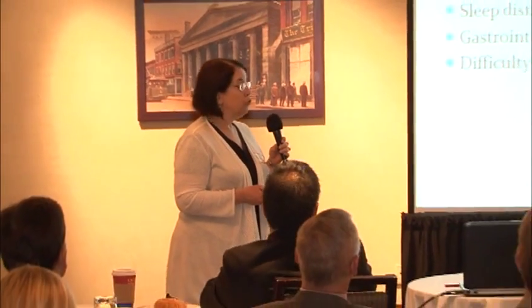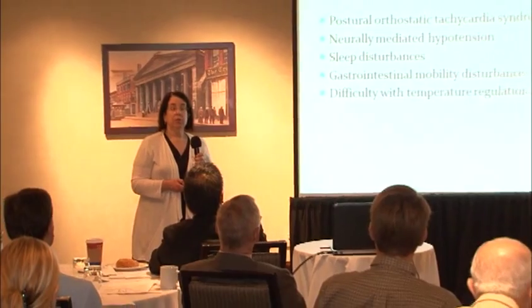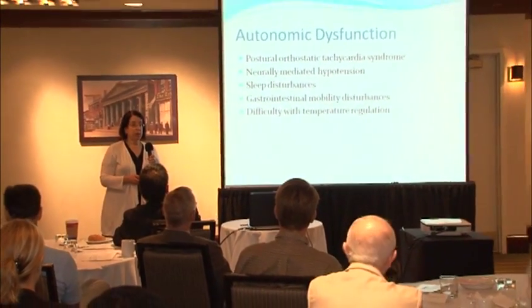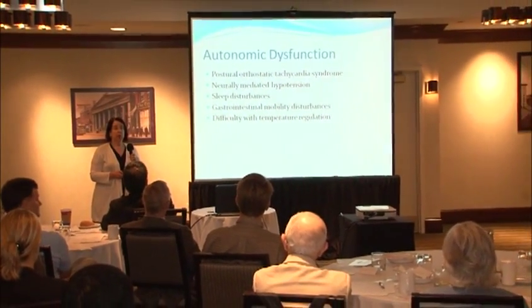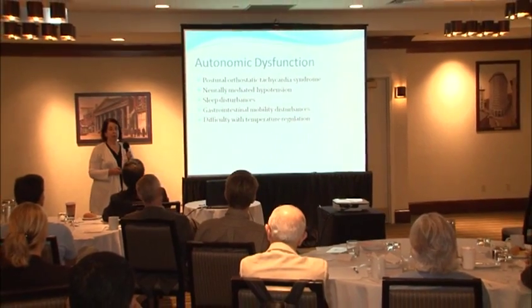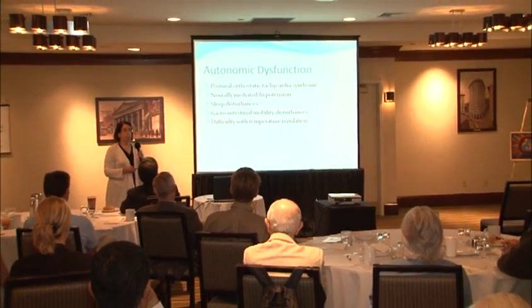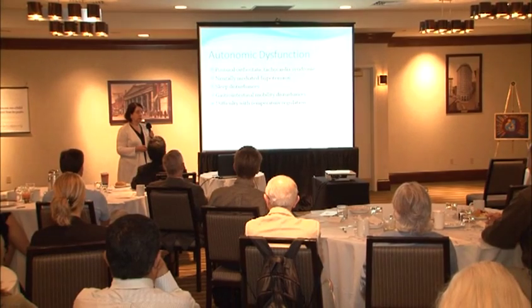Now, another very important issue related to the nervous system is autonomic dysfunction. And you'll hear more about this later as well, but postural orthostatic tachycardia syndrome and neurally mediated hypotension, sleep disturbances are critical, really a very, very important consideration, and one of the main reasons I believe that many of our patients present with such disabling fatigue.